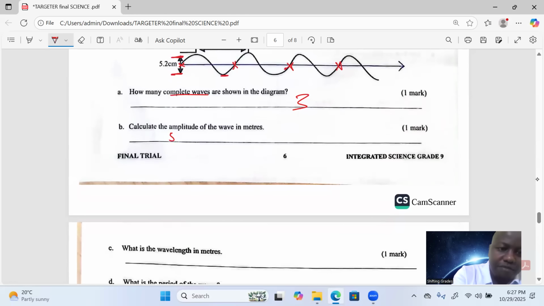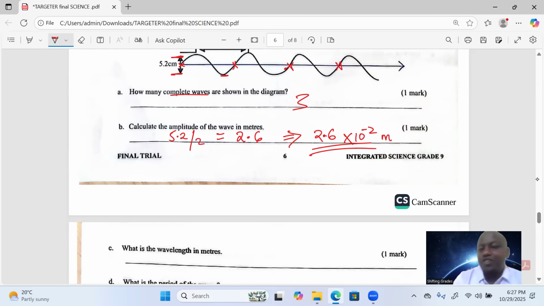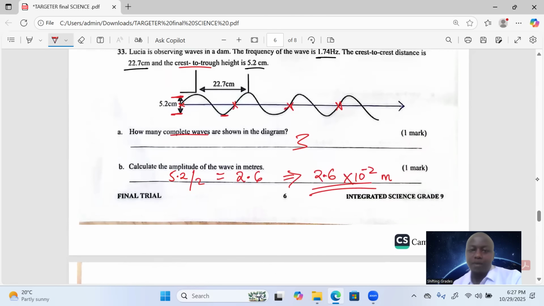Therefore, we take the 5.2 and divide by 2, we get 2.6. Then this distance in meters shall be 2.6 divided by 100. You can write it in standard form or otherwise.